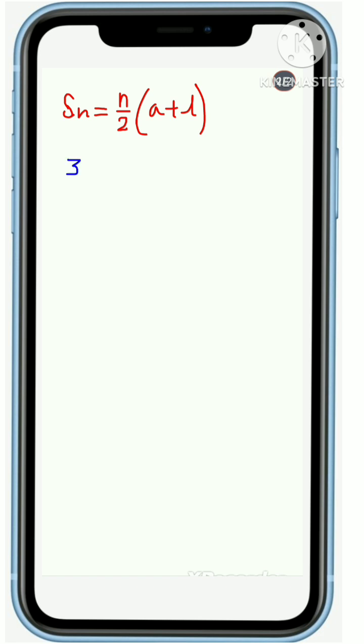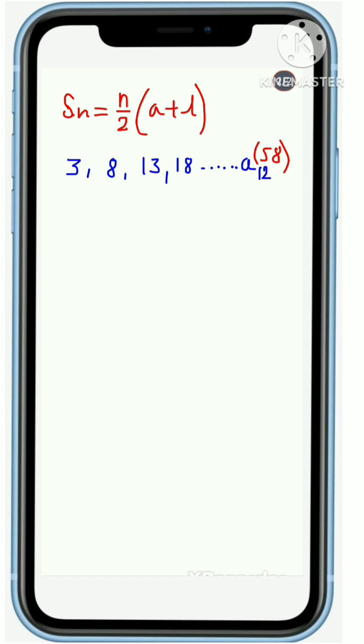We had 3, 8, 13, 18, and it continues till the 12th term, that is till A12. But it is an example of a finite AP, so it contains a last term, and the last term of this AP we had already obtained, that was 58. The last term of this AP is 58.